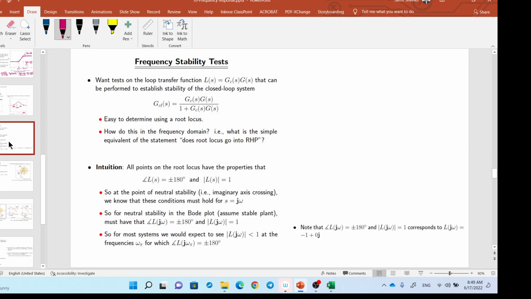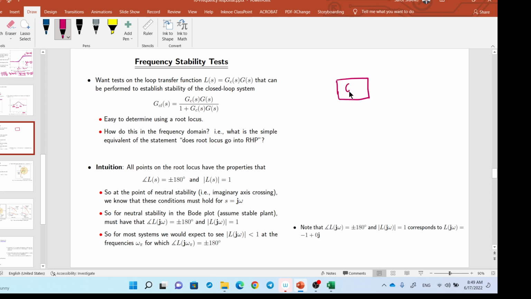So the next point is the frequency stability test. Whenever you see the term stability, you recall the characteristic equation of the closed loop transfer function. This closed loop transfer function is obtained from the feedback control architecture.